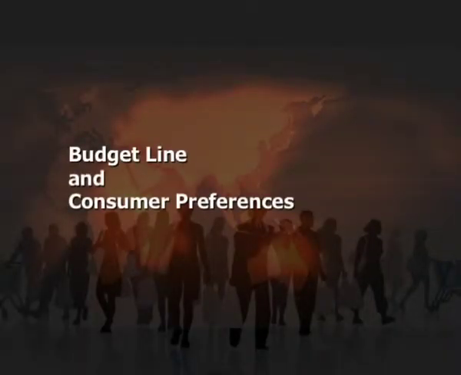Our next topic is budget line and consumer preferences. A budget line, or more technically a budget constraint, is an important component when analyzing consumer behavior. It is also known as the price line, as the budget line illustrates all the possible combinations of two goods that the consumer can buy at a given price and available budget.